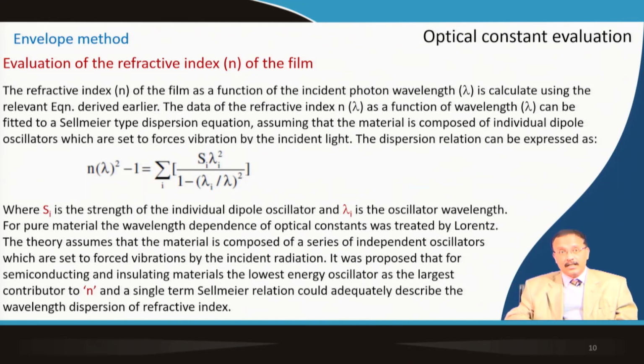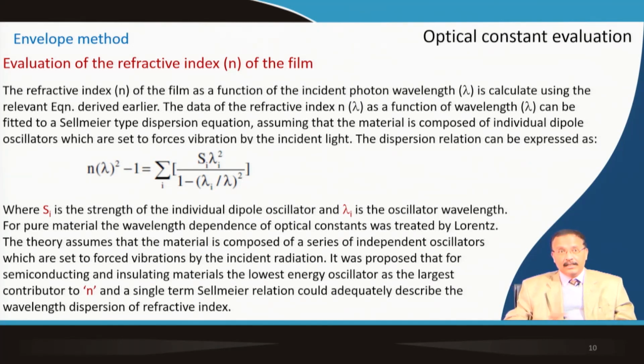Now, if you are considering a pure material, the wavelength dependence of the optical constants was treated by Lorentz. According to the theory developed by him, he assumes that the material is composed of a series of independent oscillators, which are all forced to vibrate by the incident radiation.